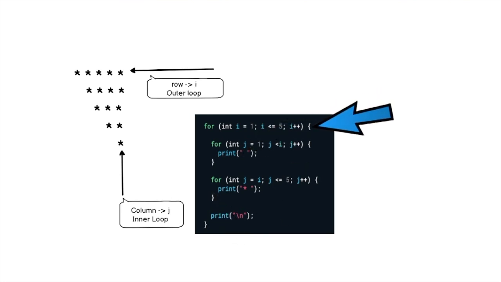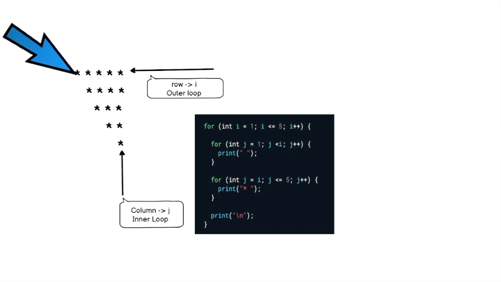This outer for loop will always stay the same, we can forget about this. Let's start with the empty space. On the first row we don't want any empty space, on the second we want 1, on the third we want 2, on the fourth we want 3, and on the fifth we want 4. So what is the relationship between i and empty spaces? The number of empty spaces is i minus 1.